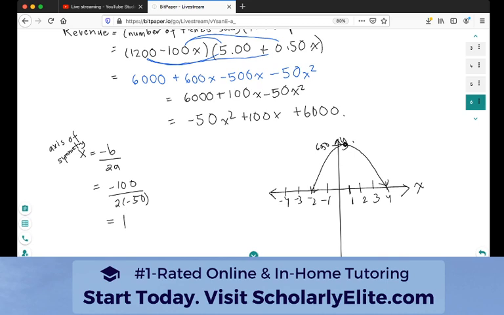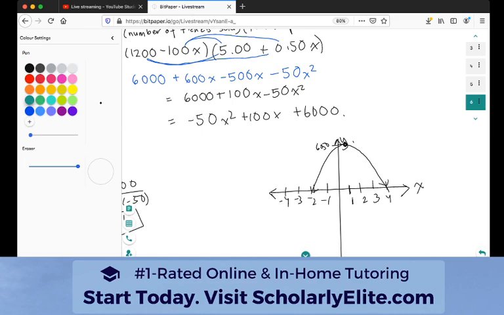So basically, we got the x value of our vertex, and to solve for what the maximum profit would be, I could just plug that in, so we can show you that in a second. But the question itself was not asking for the maximum profit, it's asking you to solve for what the price would be. Well, that's simple enough.